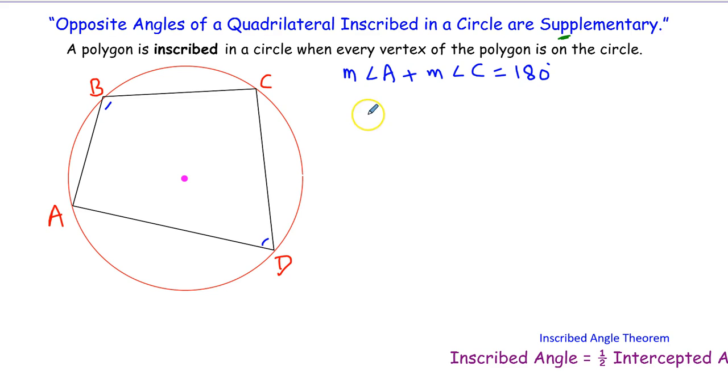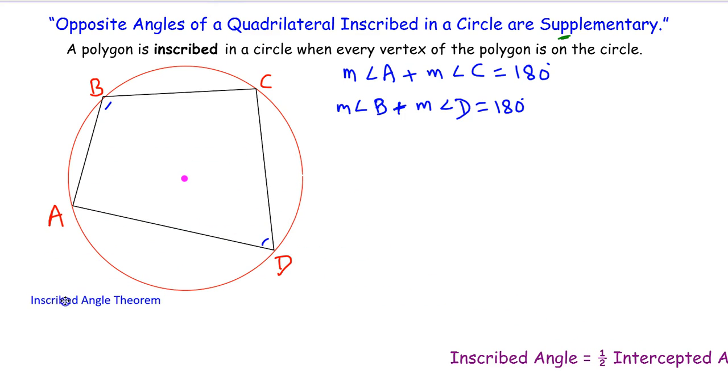Similarly, the measure of angle B plus the measure of angle D is also equal to 180 degrees. We can prove this by making use of the inscribed angle theorem.